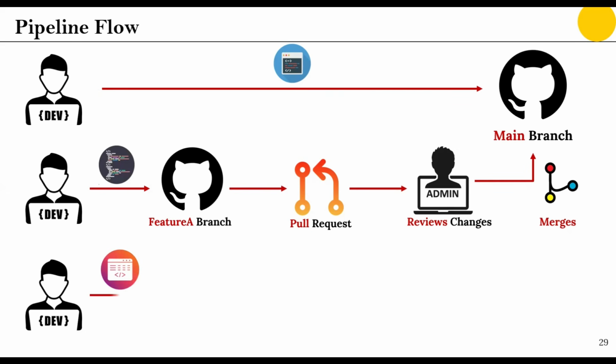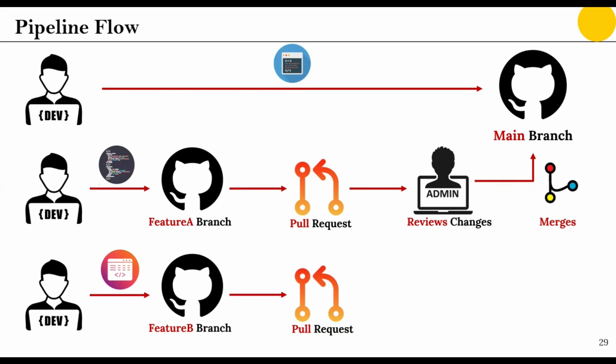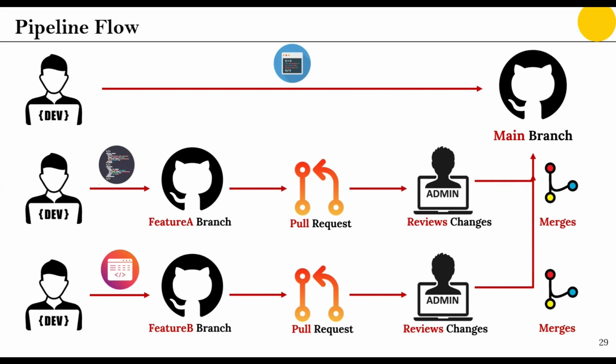Like this, whenever developer wants to update the code, developer is going to create a feature branch from the main branch of the application, and then push the code to the feature B branch, upon which developer will raise the pull request. Once the pull request is raised, GitHub admin is going to review the changes. Once the changes are sufficient enough, GitHub admin will merge the code from feature B branch to the main branch.